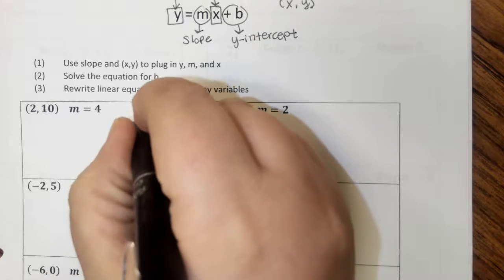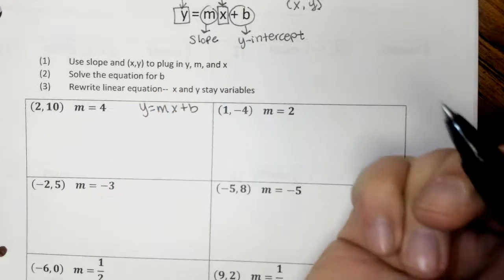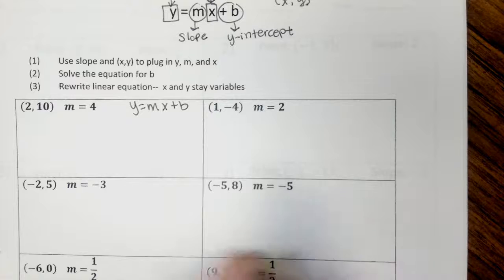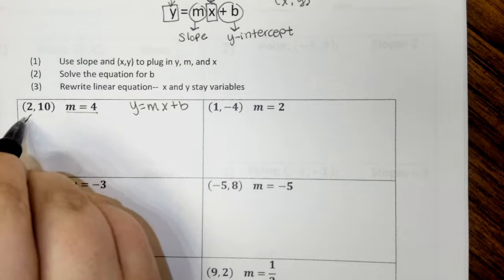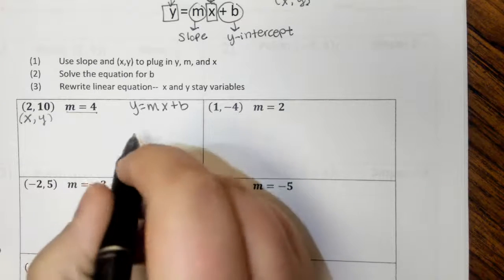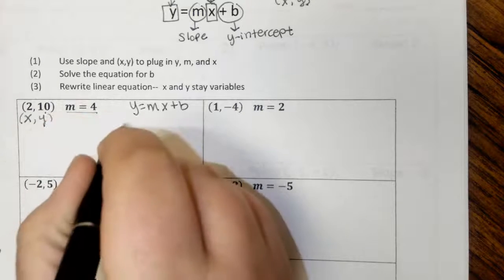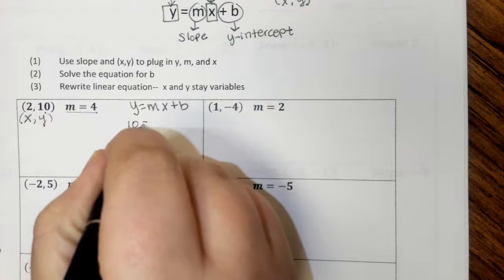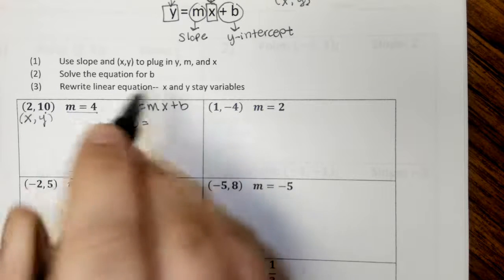Just as a reminder, I want to write y equals mx plus b. I know that m is 4, and this is an ordered pair, and ordered pairs look like x, comma, y. So instead of writing y, I can write 10. Instead of writing m, I can write 4.